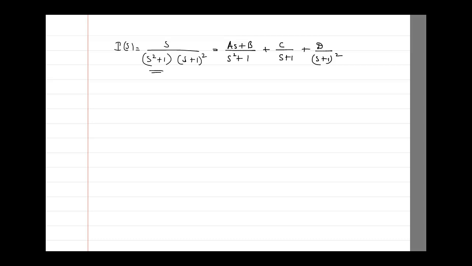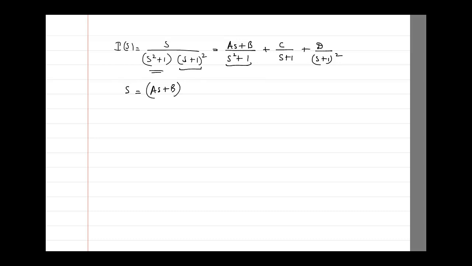Now the equation is slightly bigger, so again I will use the cross multiplication technique. I will get s is equal to as plus b. What is remaining here? s square plus 1 is there, so what is remaining is s plus 1 the whole square.